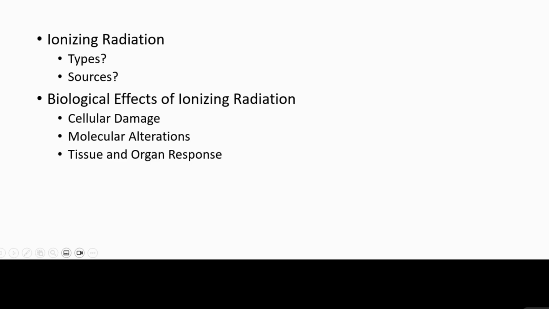Although we have done this in 532 when we did radiation physics together, this is a quick revision. What is ionizing radiation? What are the different types? What are the sources?